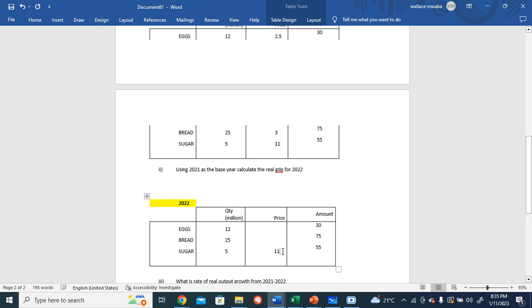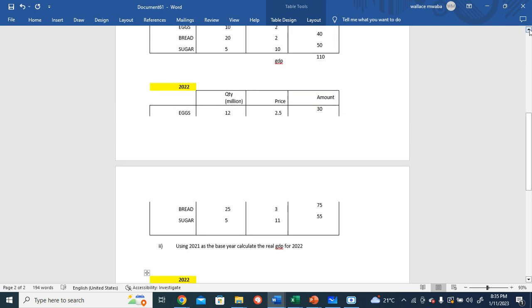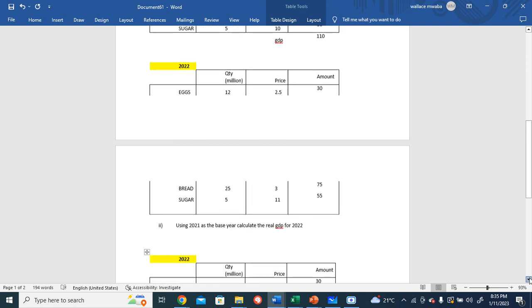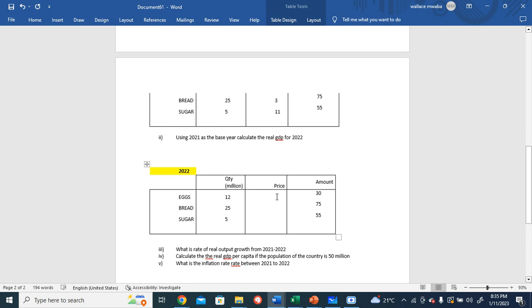All right, so here on prices, we're not going to use 2022's prices, we're going to use 2021's prices. So eggs in 2021 it was 2, bread 2, sugar 10.